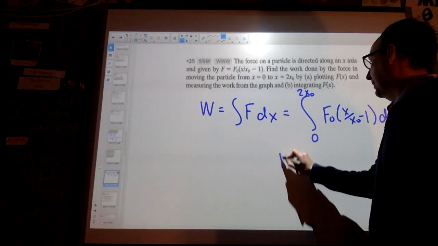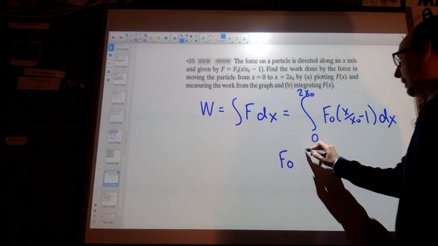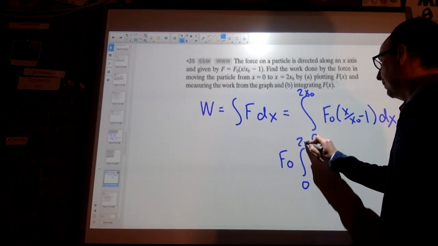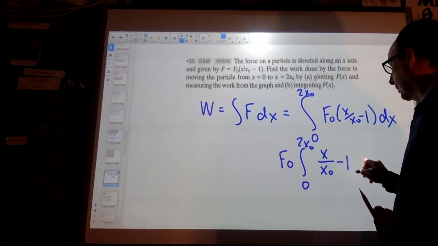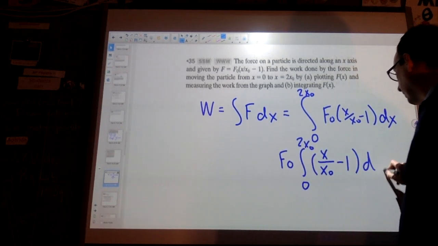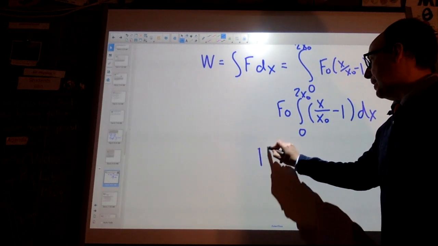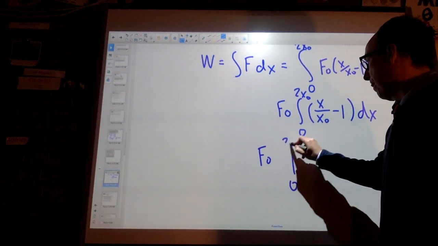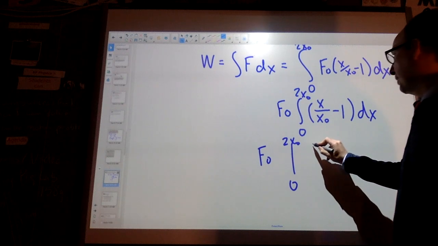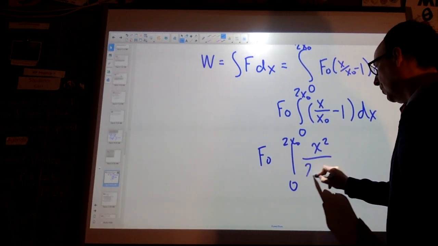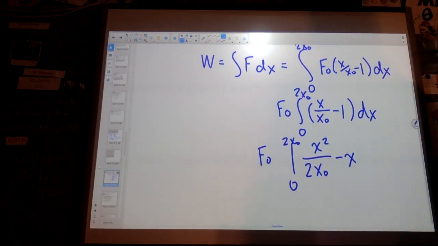So I can take the F naught out from inside of there. All right, so this term would be x squared over 2x naught, minus x.